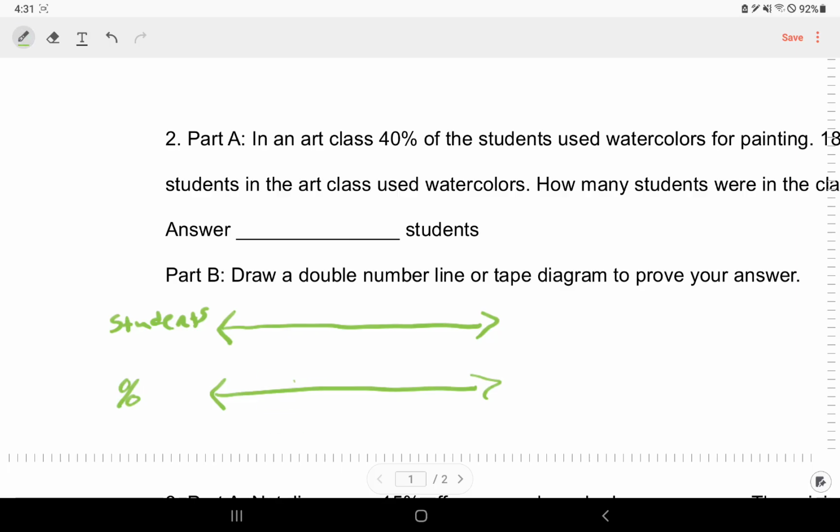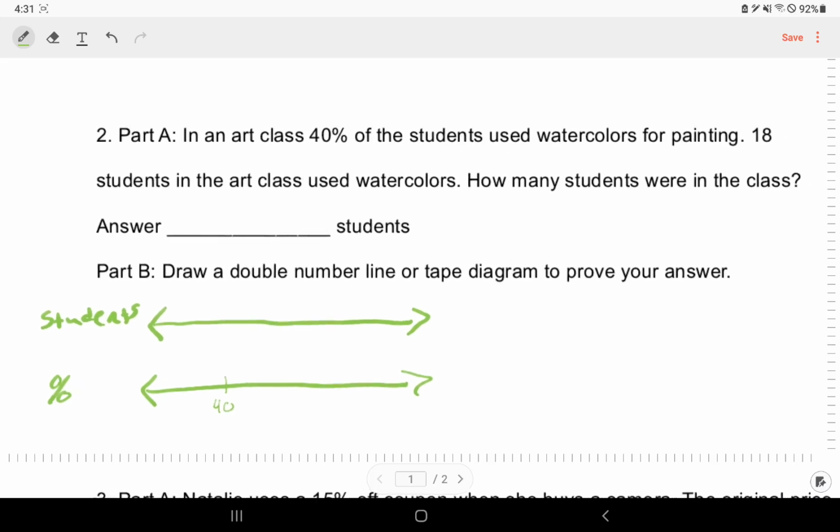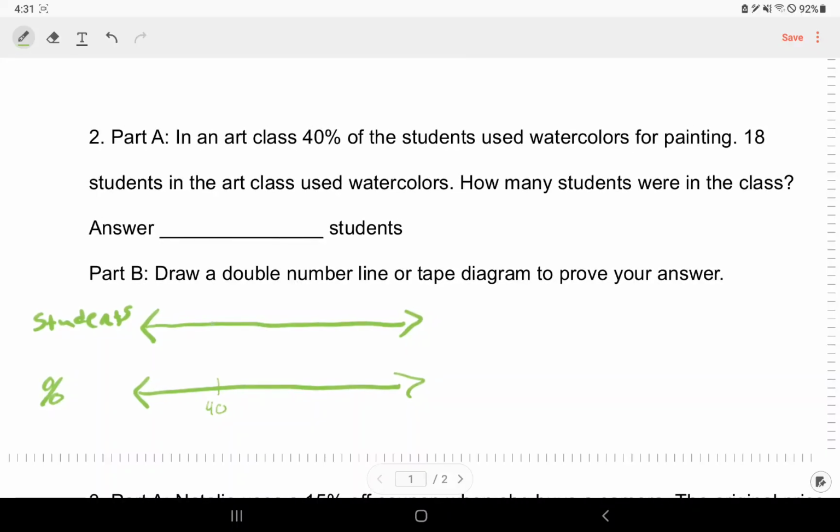Well, we know 40% used watercolors and that 18 used watercolors. So we know 40 is 18. Well, we're looking for how many were in the class. So we're looking for 100%.